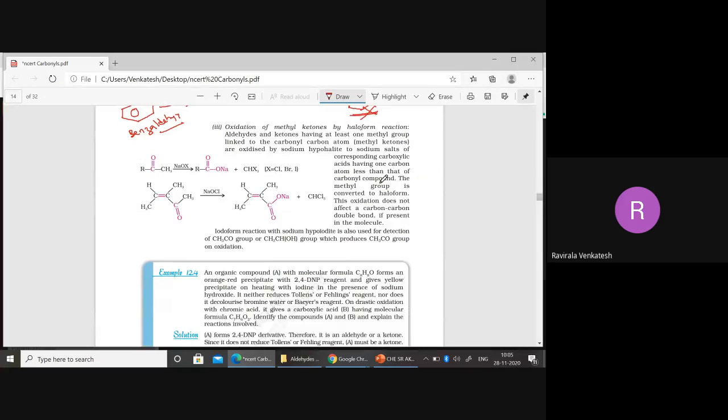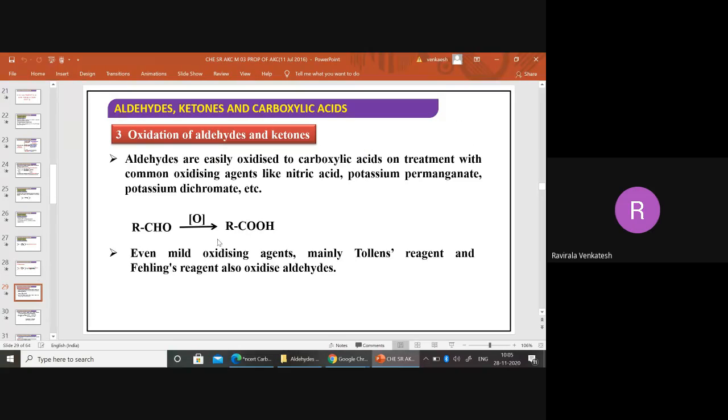Next, if we go for methyl keto groups, the haloform test. So I will take this one here only.